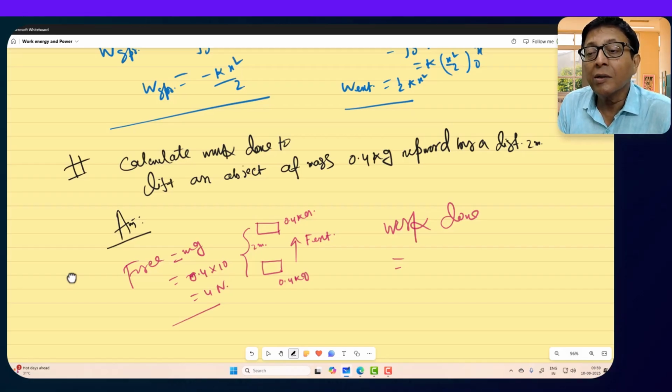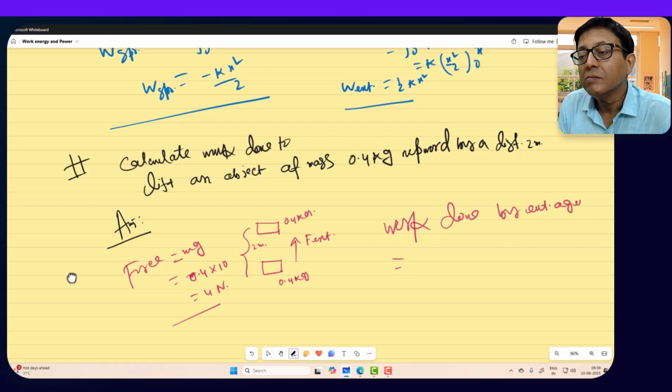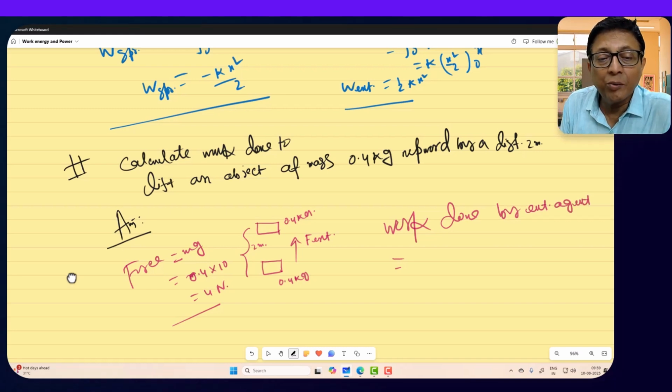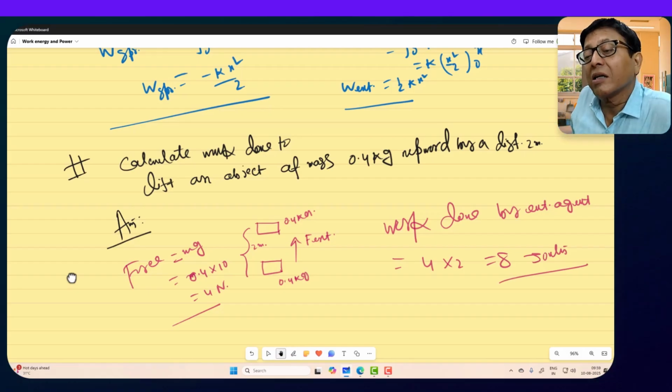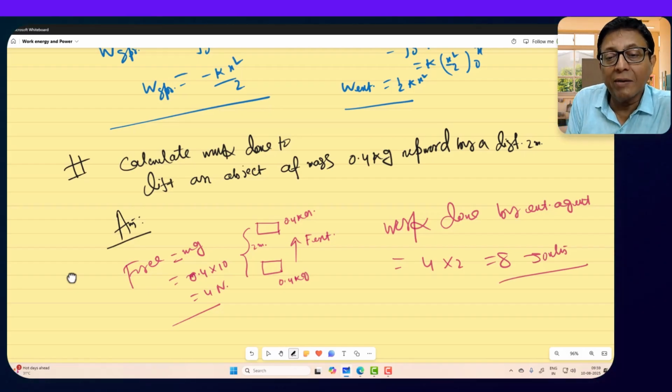So work done by the external agent is going to be 4 Newton into 2, that is 8 joules. 8 joule work done by the external agent, but gravity acts vertically downward, mg.